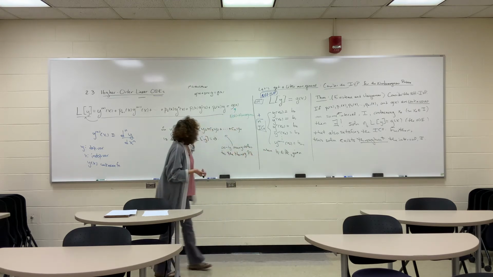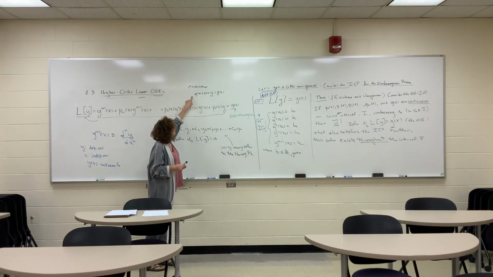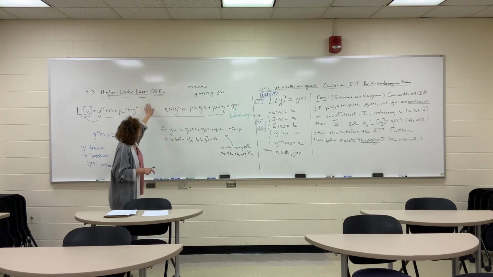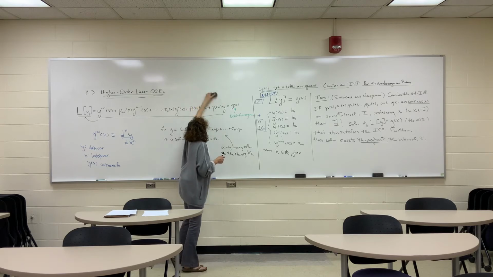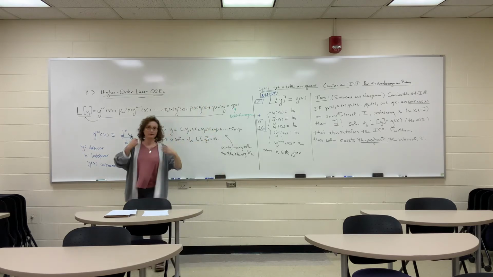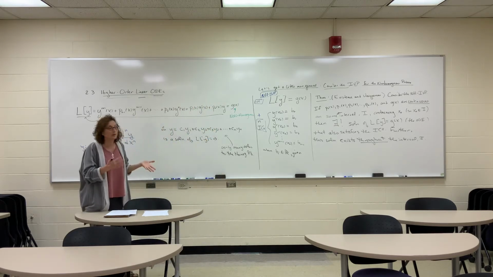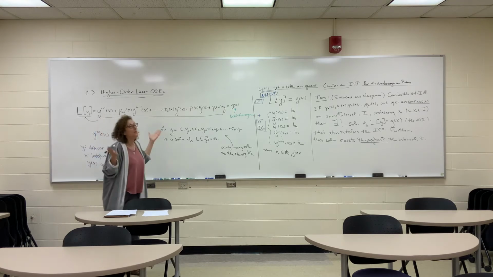Now, unlike first order linear ODEs, where we could come up with a general solution formula for all functions that satisfy that completely general differential equation, when we move beyond first order, even to second order, forget it. You're not getting that. So now we've got to look at special cases and figure out when we can come up with solutions.